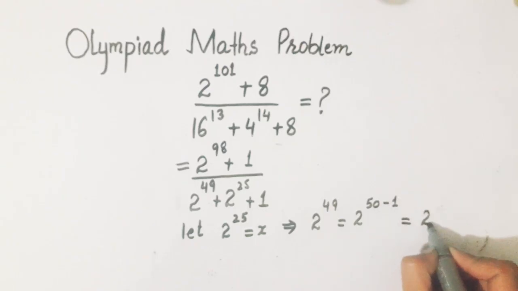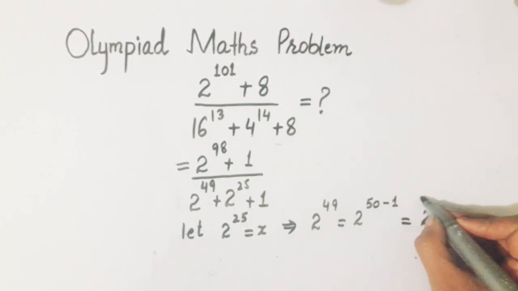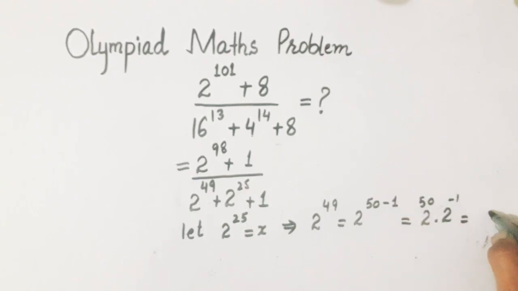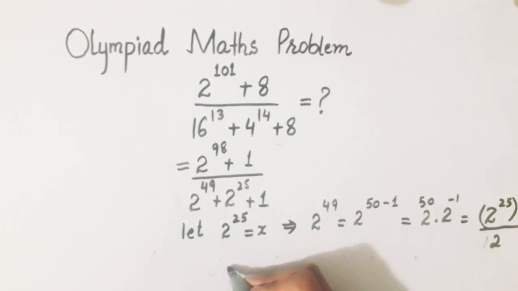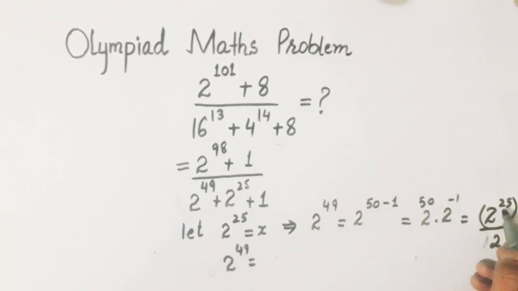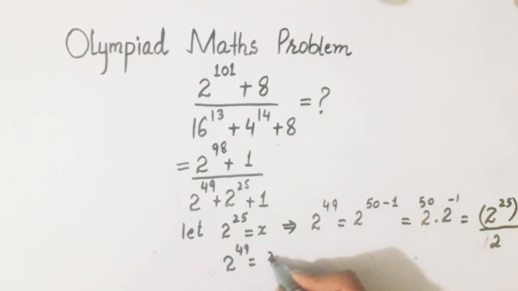So this can be written as 2 raised to power 50 into 2 raised to power minus 1. That means 2 raised to power 50 is 2 raised to power 25 into 2 raised to power 25, divided by 2 raised to power 1. So we get 2 raised to power 49 equals x square by 2.